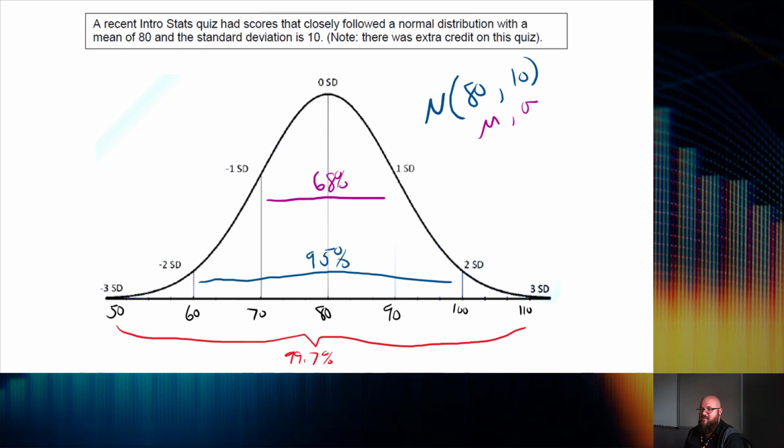On the tails, we have those values right here. Past -3 standard deviations, we have 0.15%. And on the upper tail, we have that 0.15%. With that, that then would equal all 100% of your data under the normal curve.